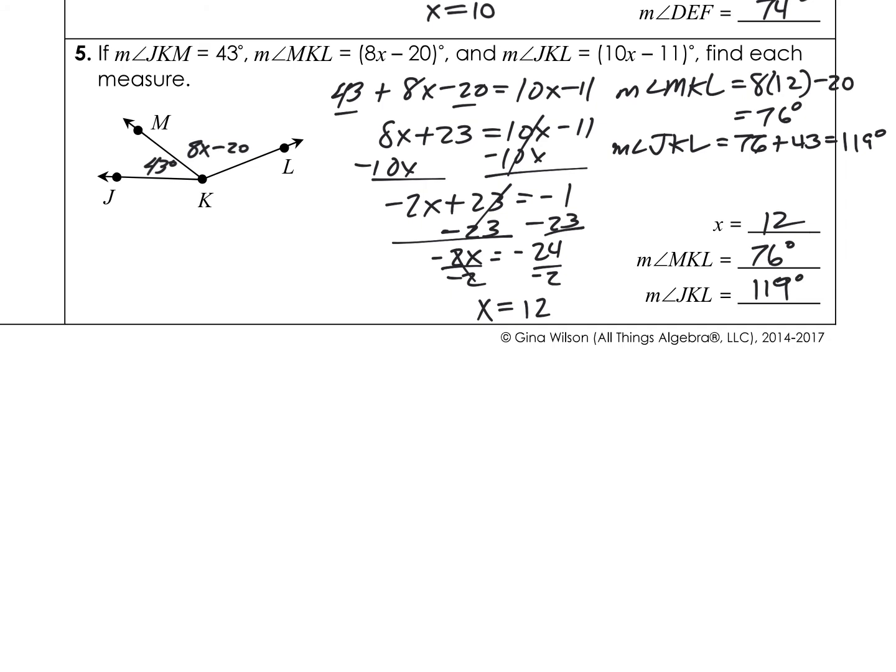If you want to double check using x, because we were given an expression for measure of angle JKL, we could say 10 times 12 minus 11. 10 times 12 is 120. 120 minus 11. Uh-oh, did I make a... Hold on a second here. Oh, I caught my mistake.